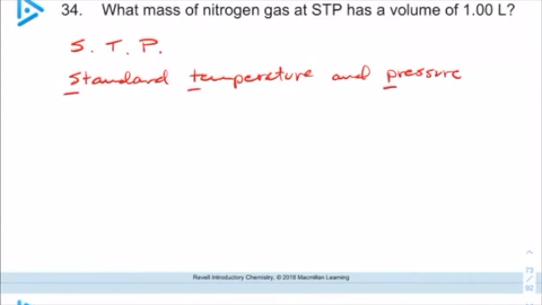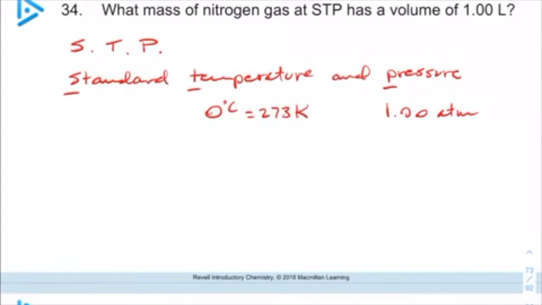Standard temperature and pressure is always 1 atmosphere and 0 degrees Celsius, or 273 Kelvin.